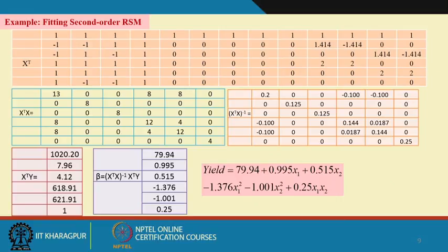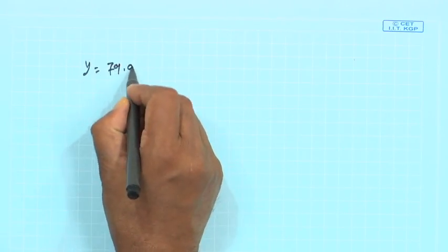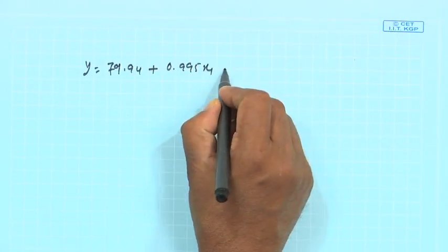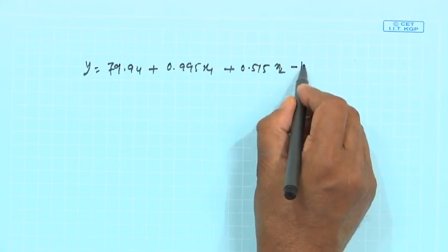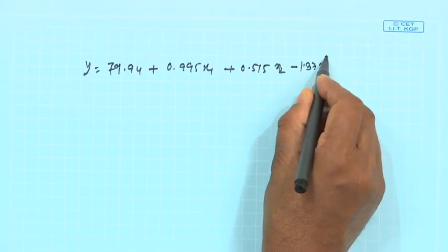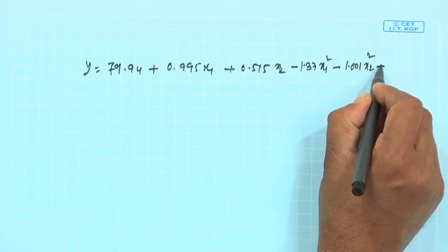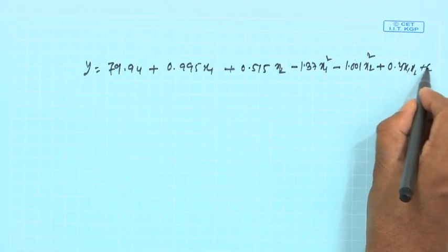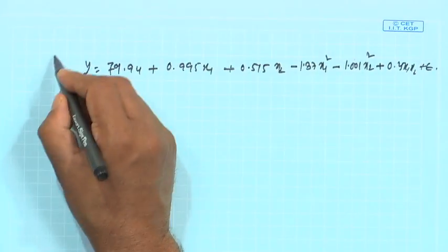If you want the regression equation, then it is y equal to 79.94 plus 0.995 x1 plus 0.515 x2 minus 1.37 x1 square minus 1.001 x2 square plus 0.25 x1 x2 plus error. So, this is your regression response surface.